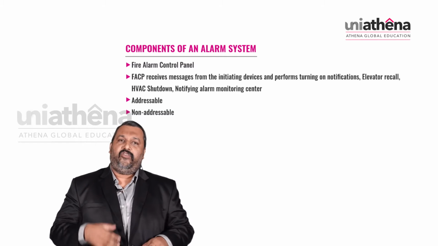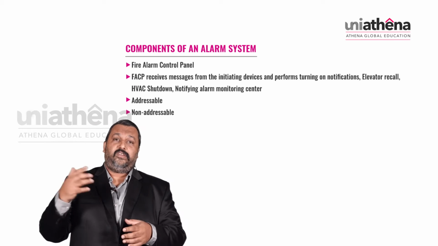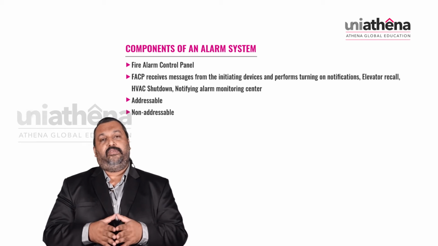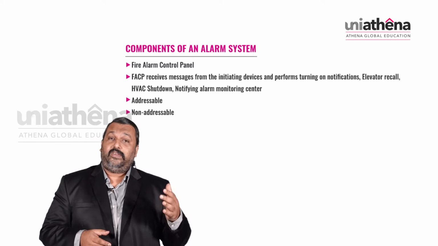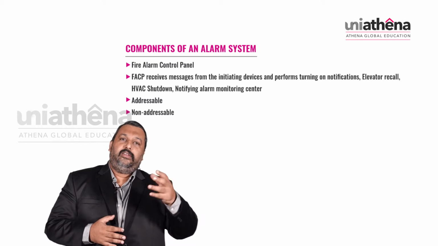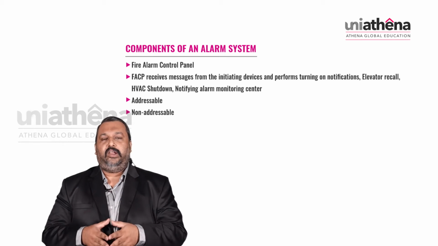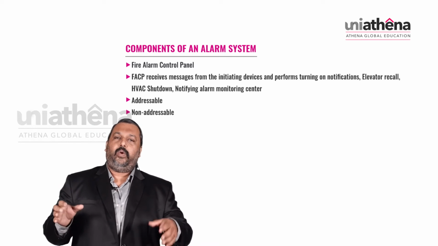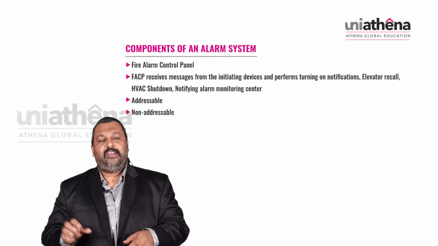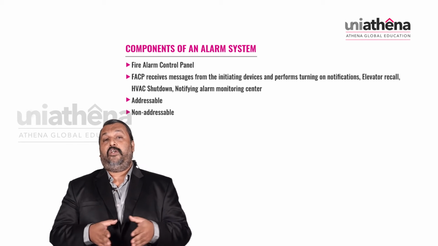And it can be an addressable or a non-addressable form of alarm system. Addressable and non-addressable systems are the two main different types of alarm system. A non-addressable system is sometimes referred to as a conventional system, where the signals say that a fire is happening in a certain location, but the exact pinpointed location of where the fire has happened, or which equipment is on fire, may not be available.